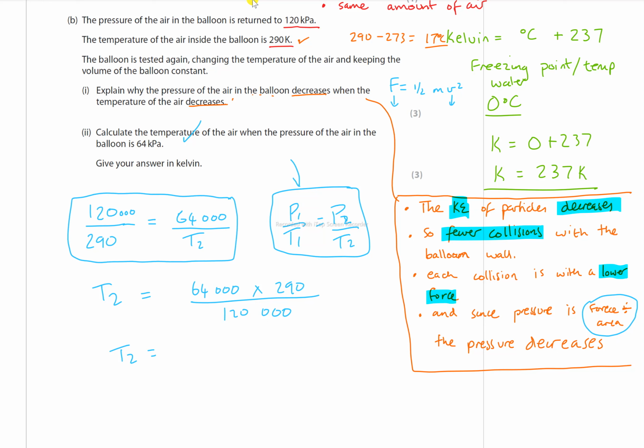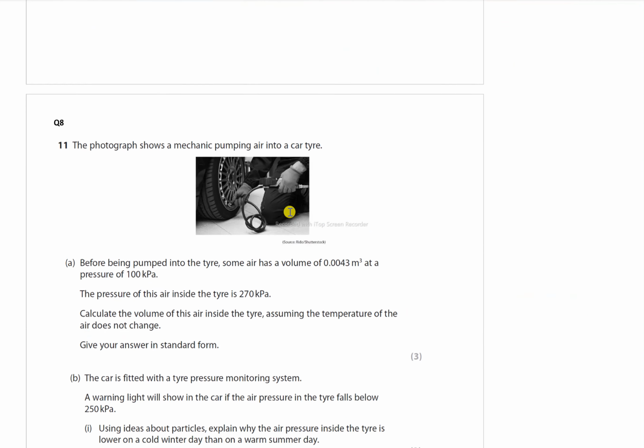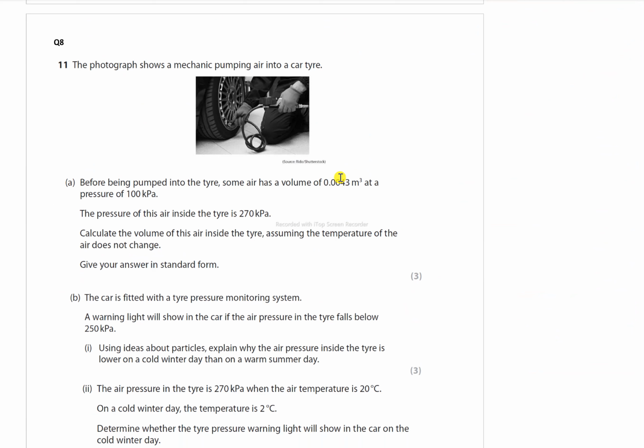If you can use this, because you're going to be given a formula sheet in 2024, so I don't know if you'll be given it in 2025, but take advantage of it. And then T2 is 150 Kelvin. See, the problem with K is it's confusing in the sense that it can cause you to think, ooh, kilo, but it's not.